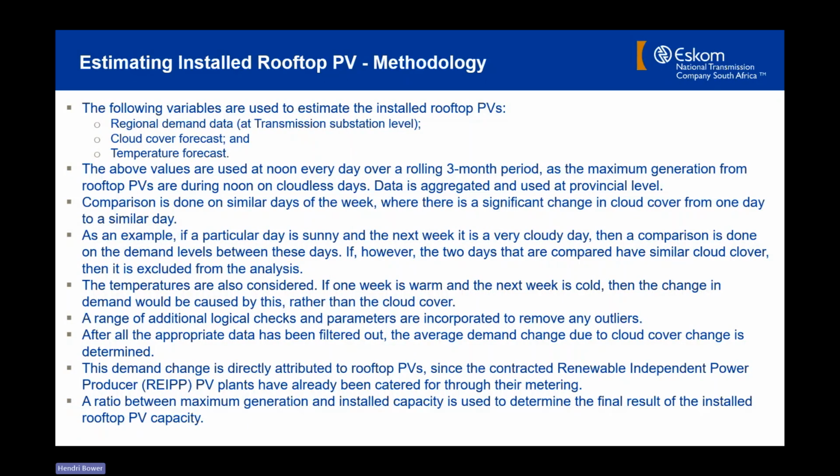In contrast, obviously, if 2 days have got the same amount of sunshine or the same amount of cloud cover, then it's excluded from my analysis, because any other demand behavior then will not be attributed at noon to what's happening with your level of cloud cover.